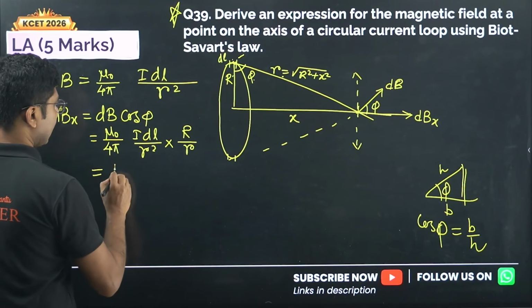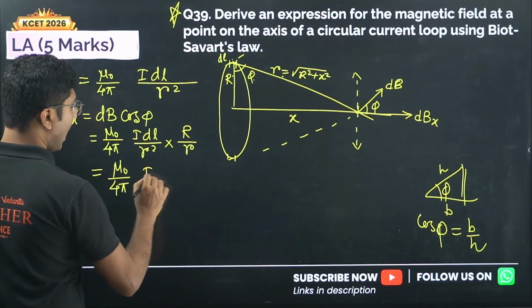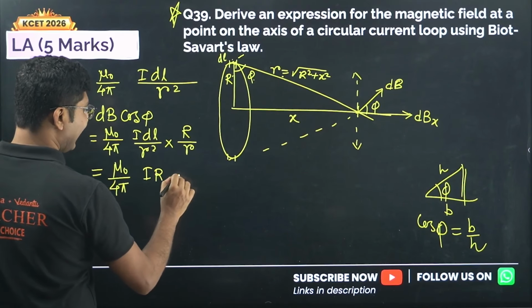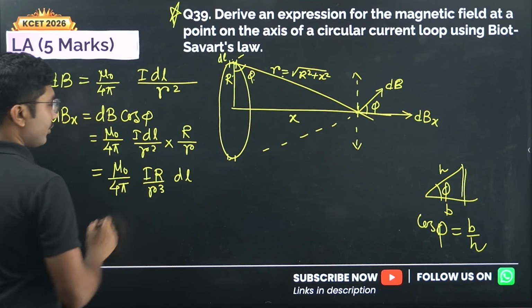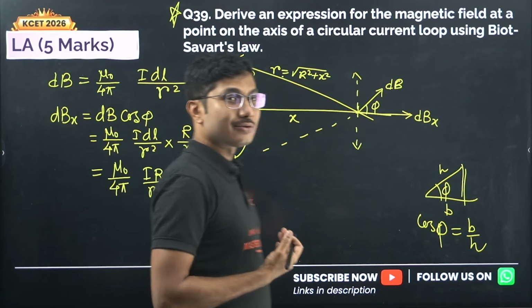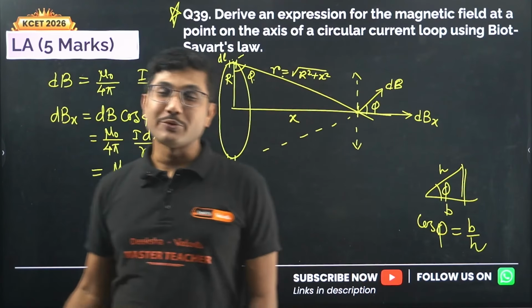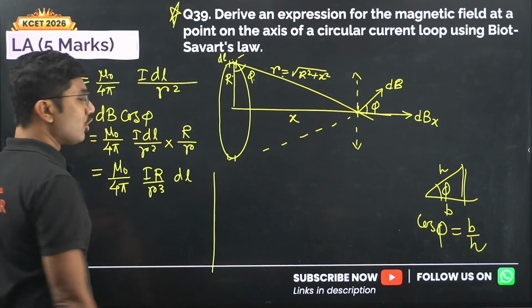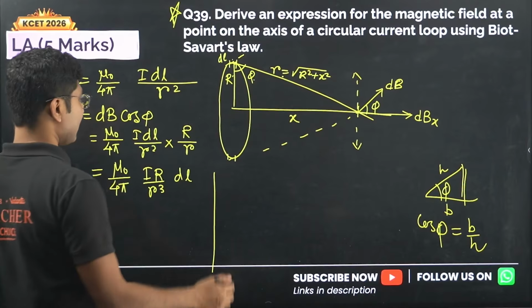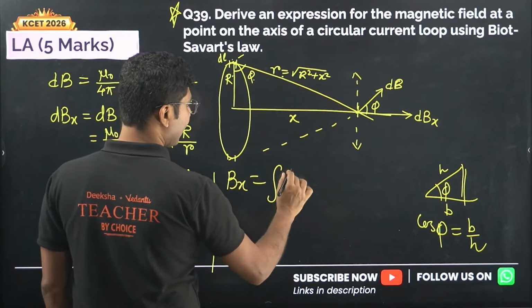So now we get mu naught by 4 pi, I R dl divided by r cube. Again, this is also a small portion, so we have to again do the integration. So the total magnetic field is again obtained by our best friend, integration.